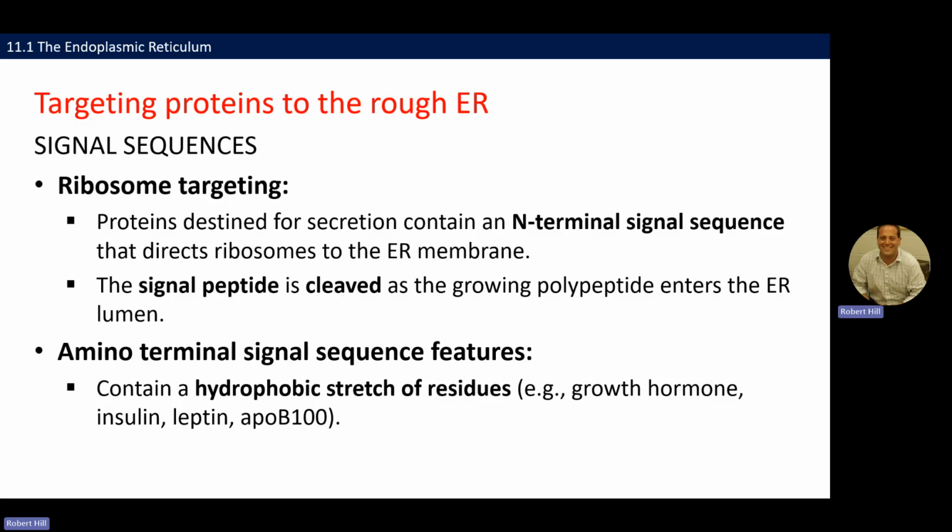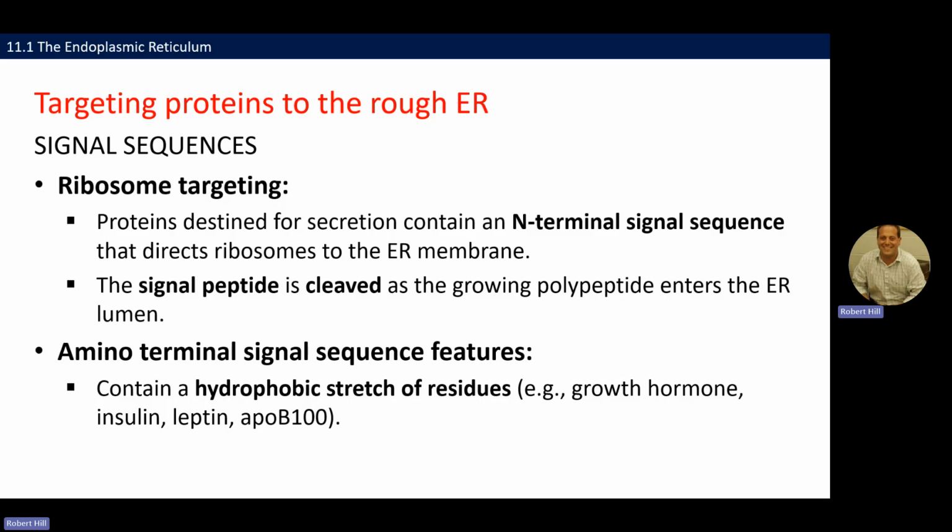So if you remember from exam 2 content, as the ribosome is producing a protein, what is the first end of the protein that's being made? Is it N term or C term? N term, right? Yeah, so the N term is the first side of the protein as it's coming out of the ribosome, and the C term is the last.